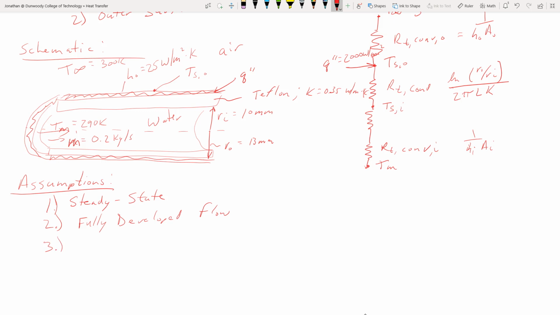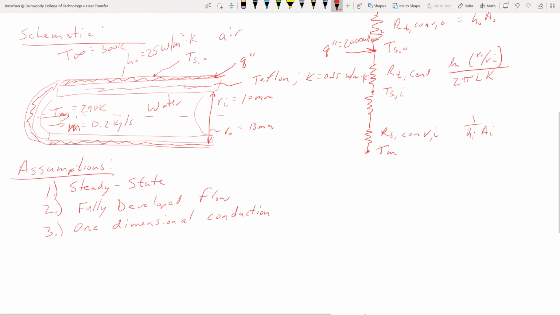In the absence of other information, we're going to have one-dimensional conduction, assuming that we don't have any significant variations along the length in terms of temperature in this Teflon section here. And we're going to assume negligible contact resistances.